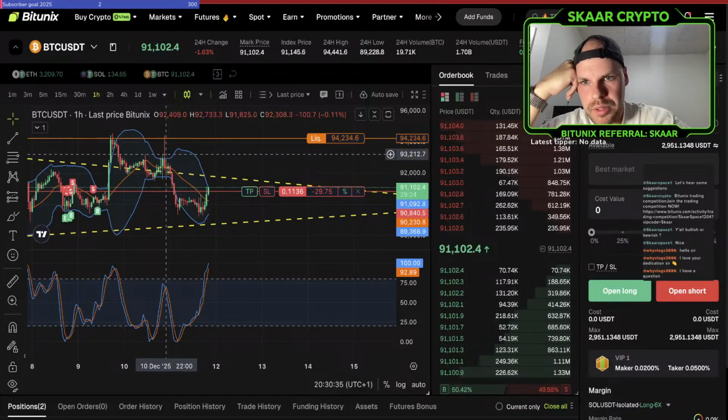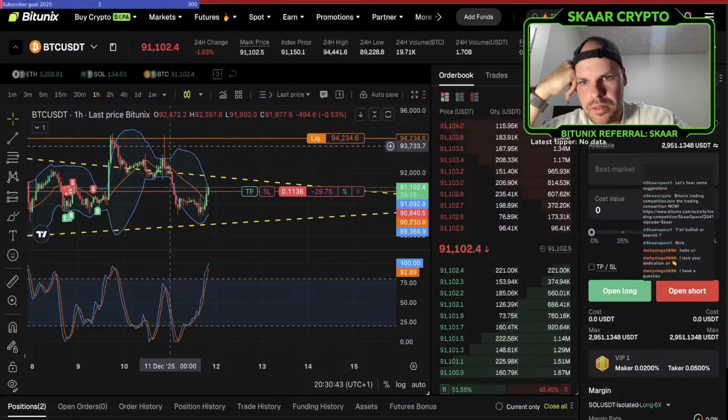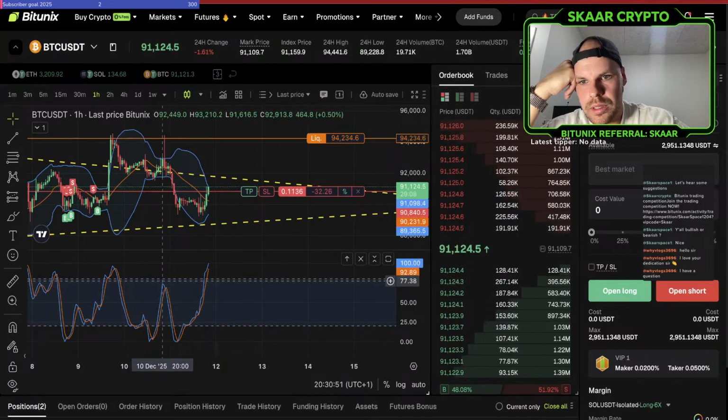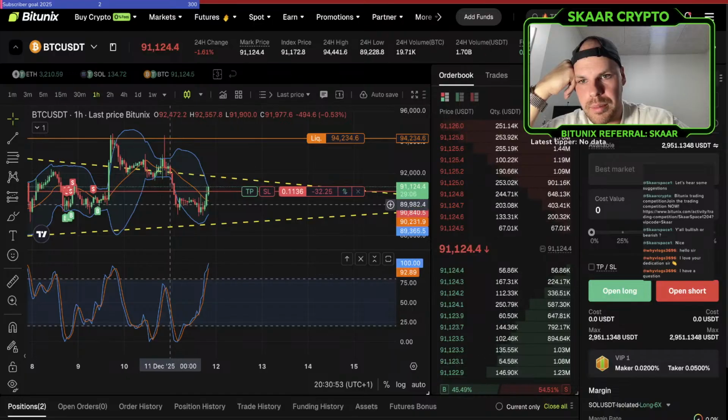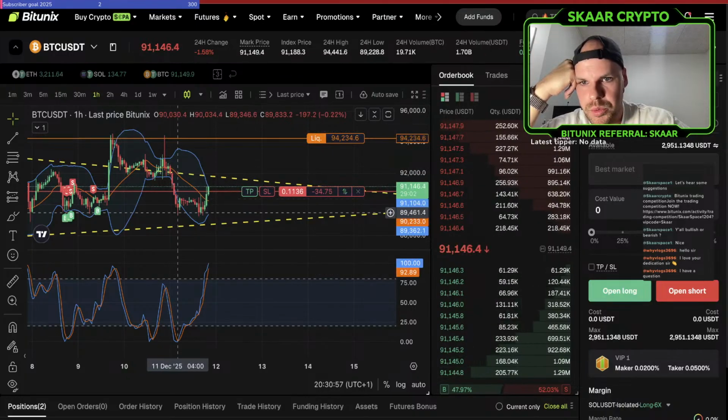But the problem here is we crossed out of that. I know we're starting higher, right? Under the Bollinger Band, we just wicked out. But in this area, from this move, we were crossing out of the top Bollinger Band level, getting very overbought. Damn, I'm starting to get tired. And then we had that sharp counter move.